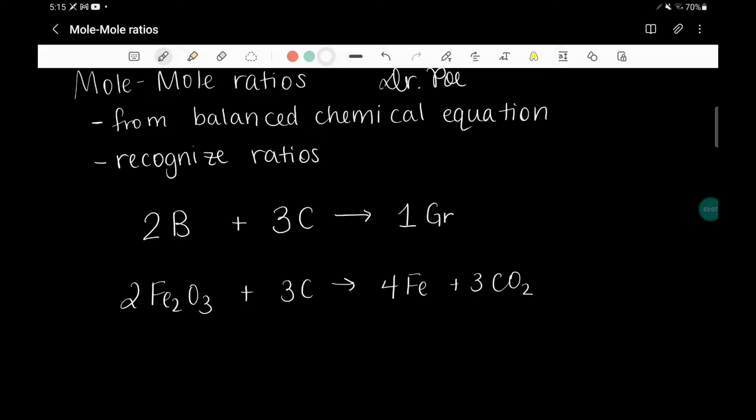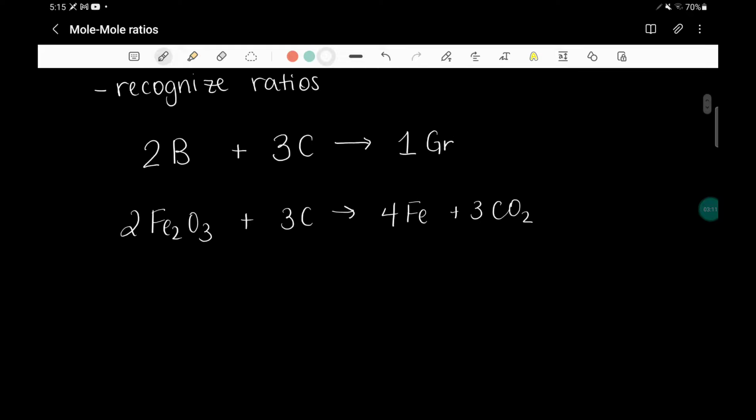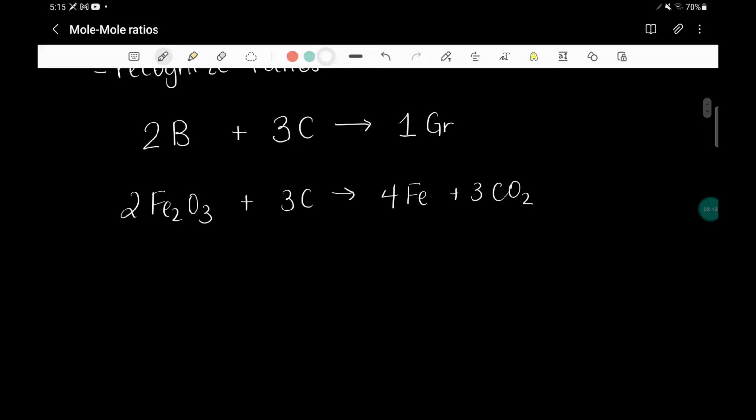We could also do ratios by fractions. And the whole thing is just figuring out that when you're changing one number, you have to change every single one of them. And that's where this idea of the mole-mole ratio comes in, because in any of these problems, you're going to only be asked about 2 compounds, and it doesn't matter if they're products or reactants or whatever, because these ratios are set in stone by the balanced chemical equation.